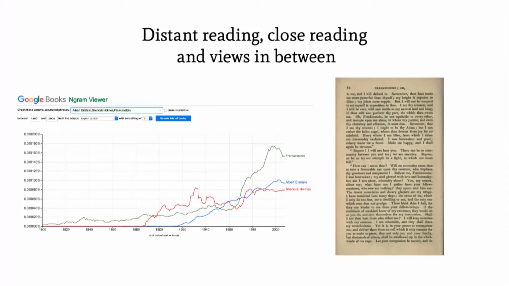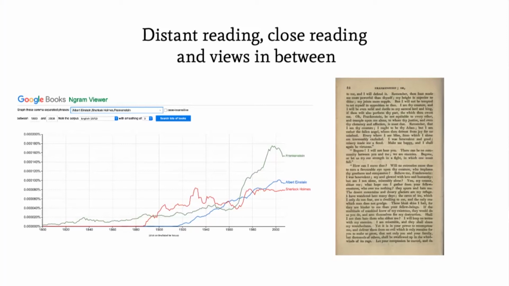And this example is the Google Ngrams viewer, where we're looking at the number of times that Frankenstein or Albert Einstein or Sherlock Holmes are mentioned in huge numbers of texts and plotting that over time. But the distance between this aggregate view and the individual book or the individual page can feel like it's very, very far away.